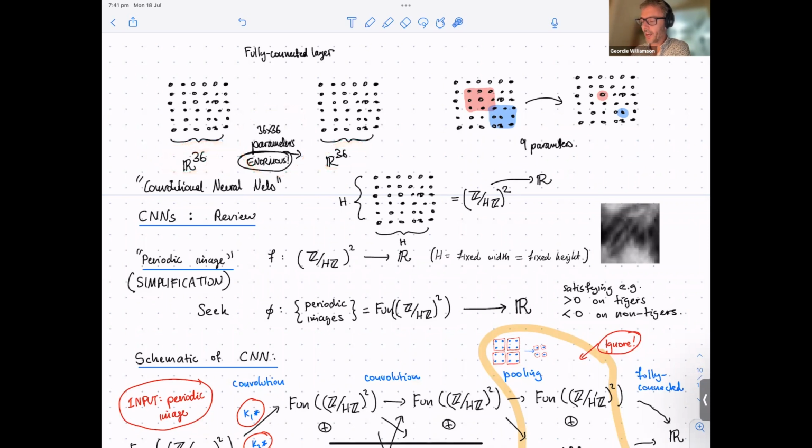If I increase my image to 7, then this would be R to the 49, R to the 49, and I'd have 49 times 49 parameters here. But here it doesn't change. I always just have 9 parameters. Okay, thank you for the question. I hope I answered all the questions in the question sheet, but if I didn't, just ask more questions.